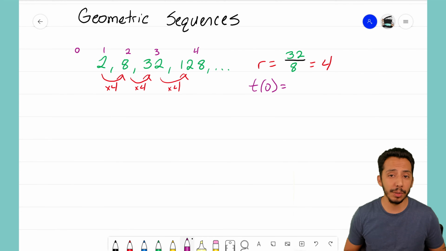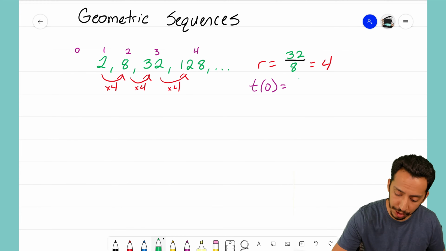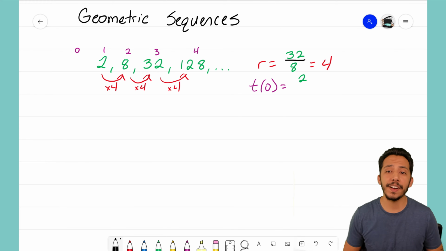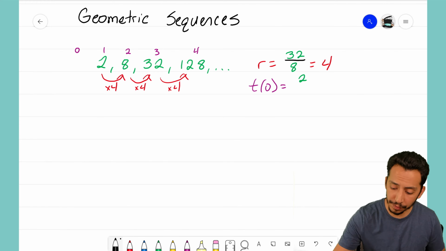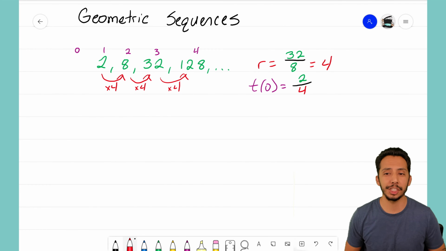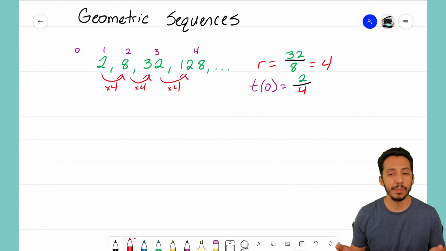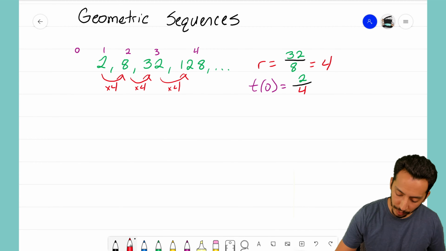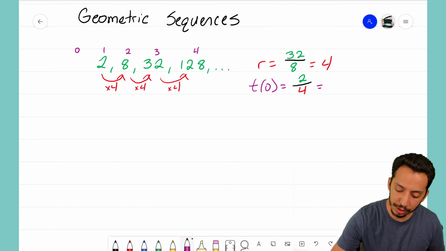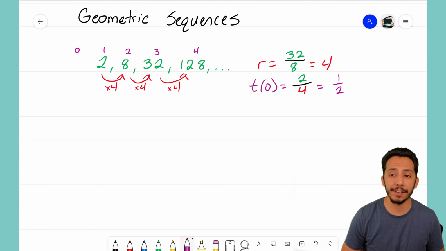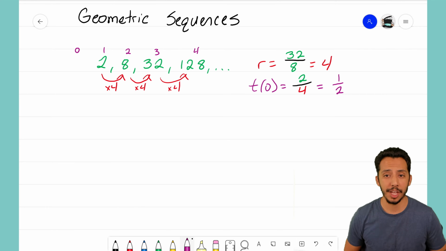Now, to find t of 0, the hint I gave in the previous video was to take our first term, which we know is 2, and divide it by the common ratio. So we take 2, divide it by 4, and we realize that our zero term here is 1/2 or 0.5. So perfect, we have our common ratio and our zero term.